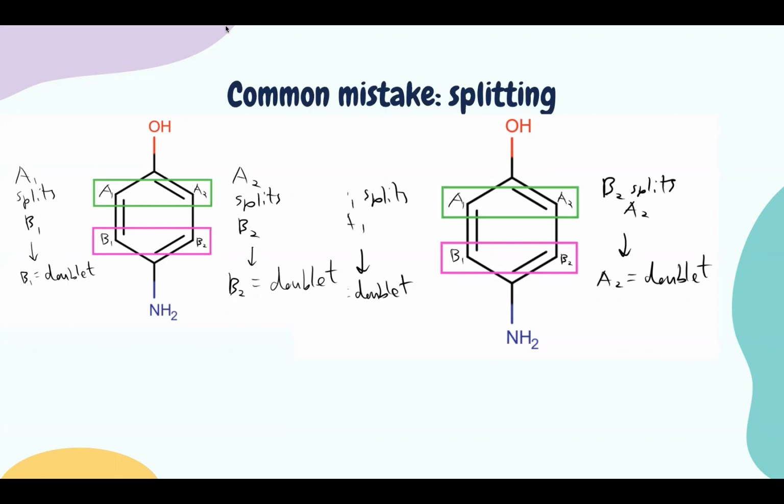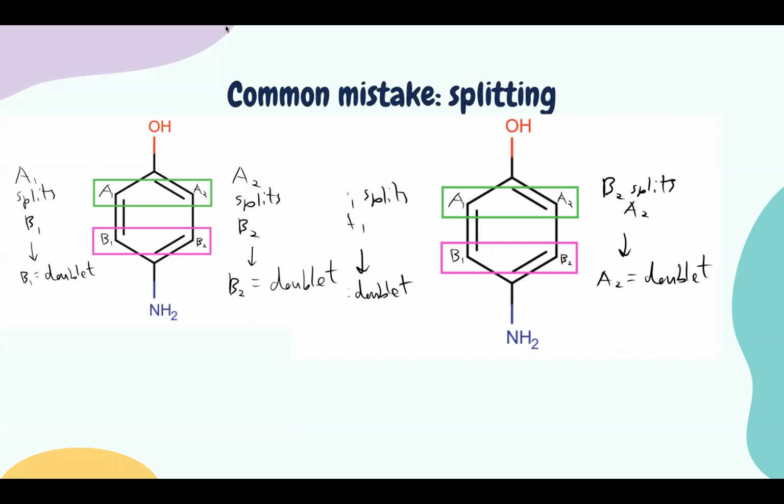So there are two signals. Normally in a lot of NMRs, only protons that are attached to the same carbon or the same other atom will share a signal.